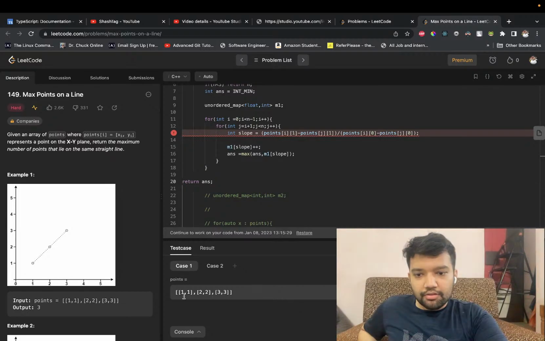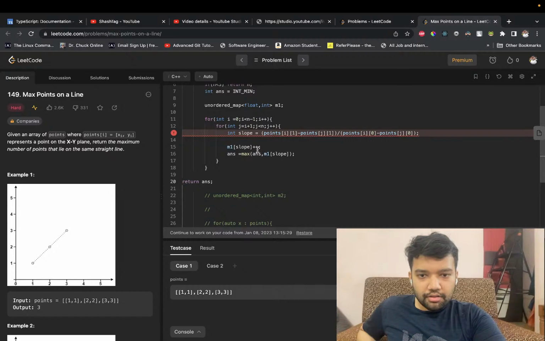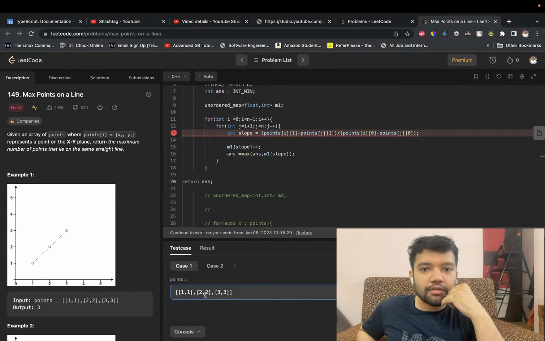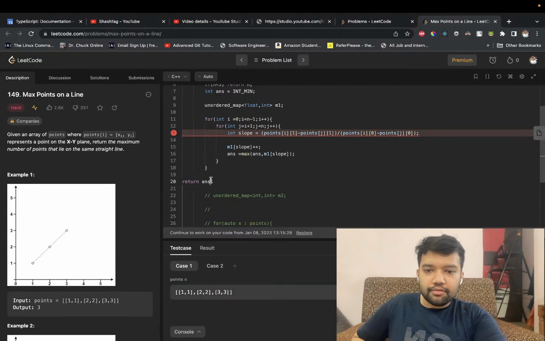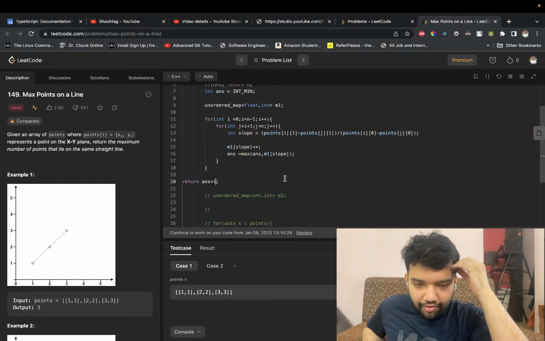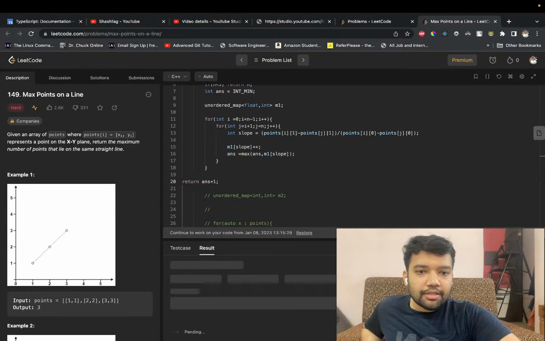So for i equals 0, for j equals i plus 1, slope is equal to m1 of slope. Basically 1 will become, I guess we'll have to answer this one. But in which case am I dividing by zero?